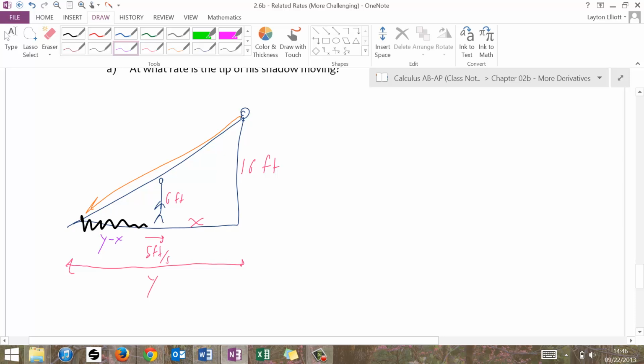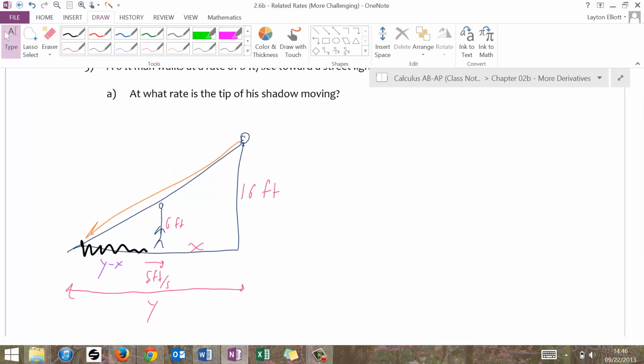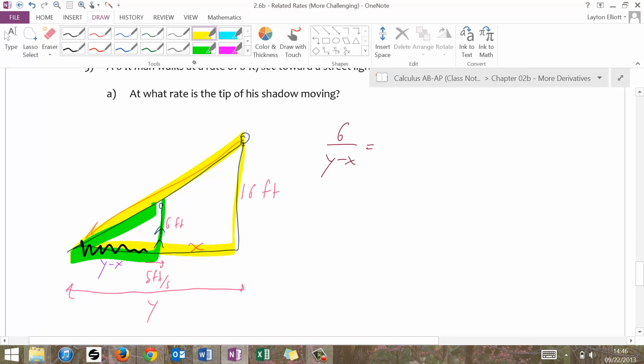And I'm going to set up similar triangles here. Let's take this triangle right here. 6 over y minus x equals, and I'm going to do the whole big one, equals 16 over y.